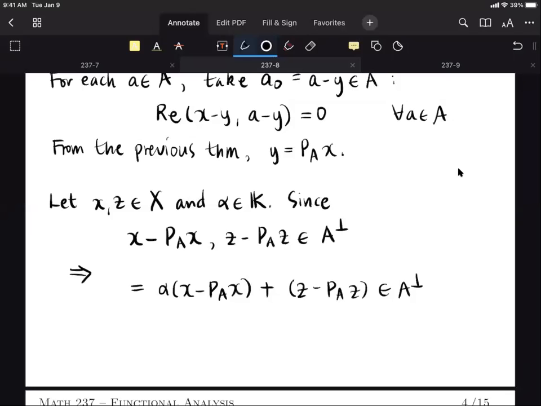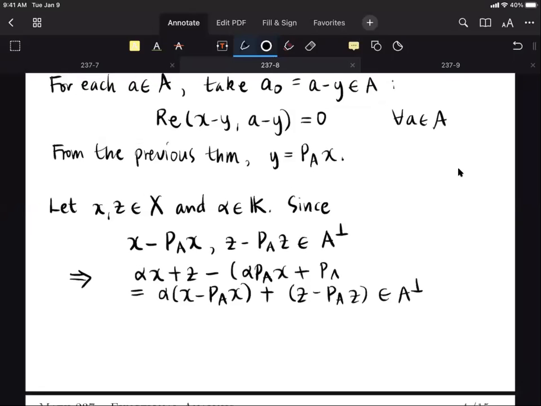Of course, you can rearrange this as follows: alpha x plus z minus the linear combination of the projections.